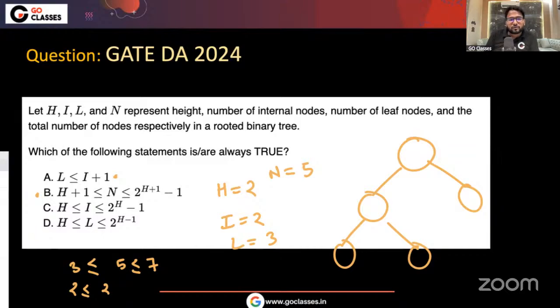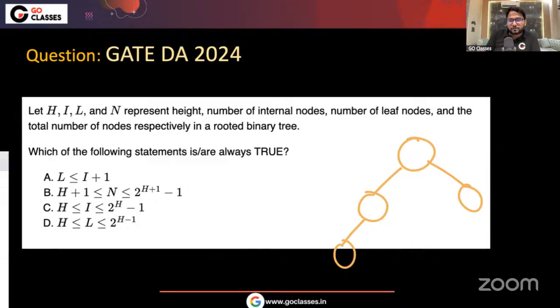So let me just remove the counter example. One thing is for sure, D is false. Can you tell me what the answer is? Is the number of leaf nodes always less than or equal to I plus 1? Just try it.